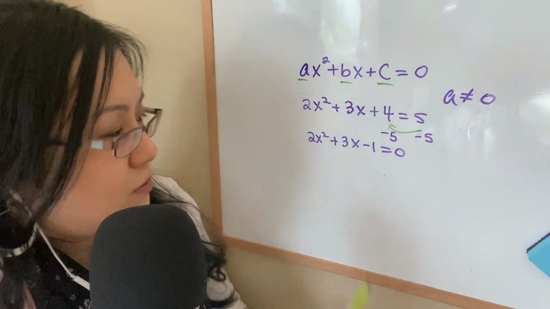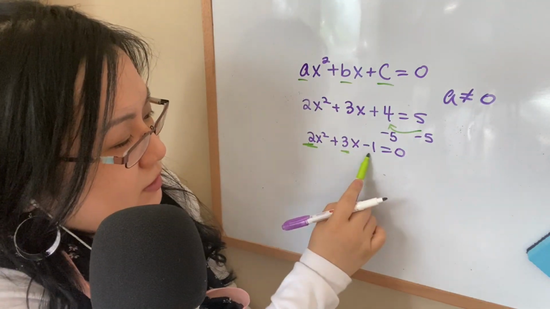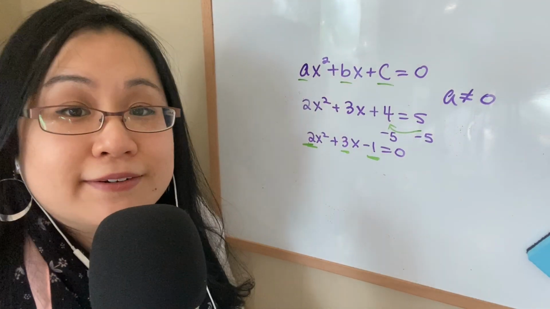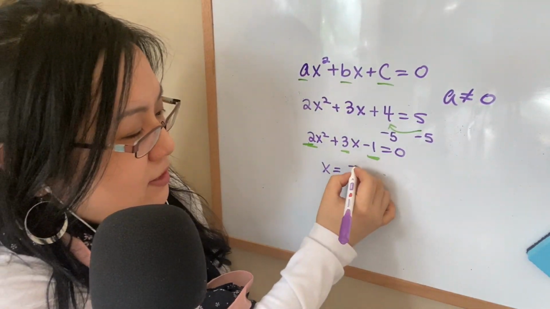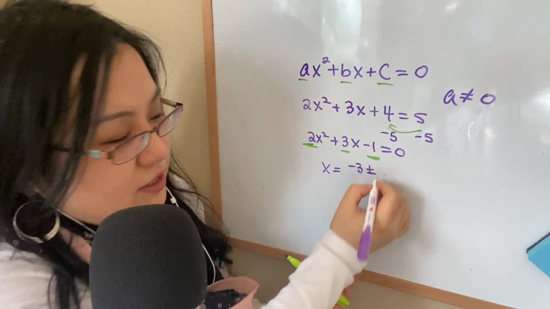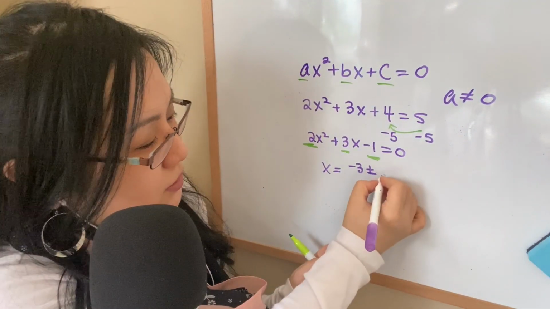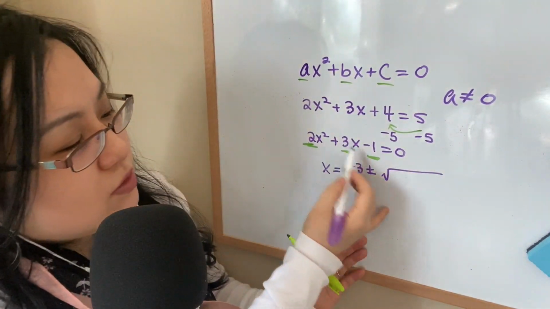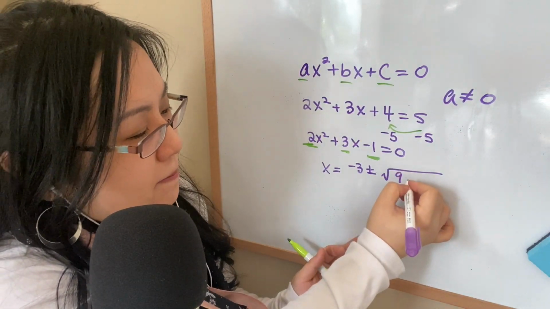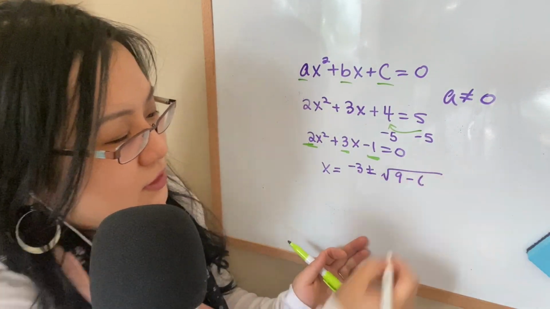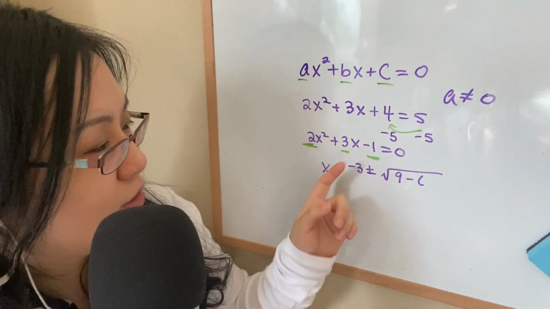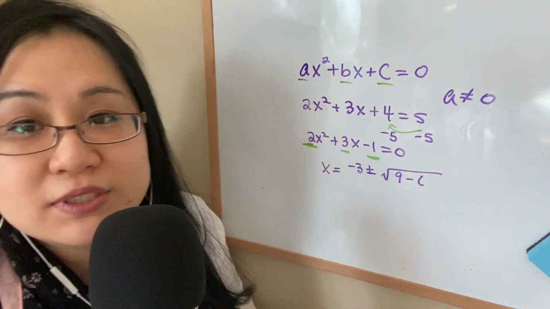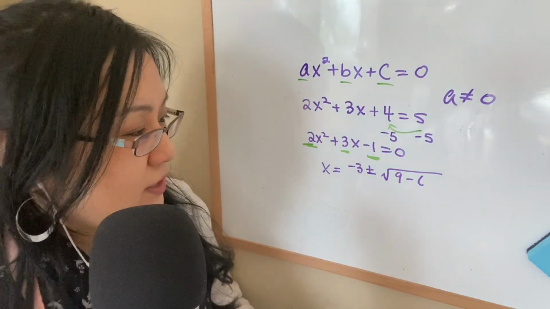Okay, so we have a, b, c is the whole -1. So x equals -3, because that's the negative b, plus or minus the square root of b squared. So 9 minus parentheses 4 times 2 times -1. So 4 times 2 is 8 times -1 is -8.